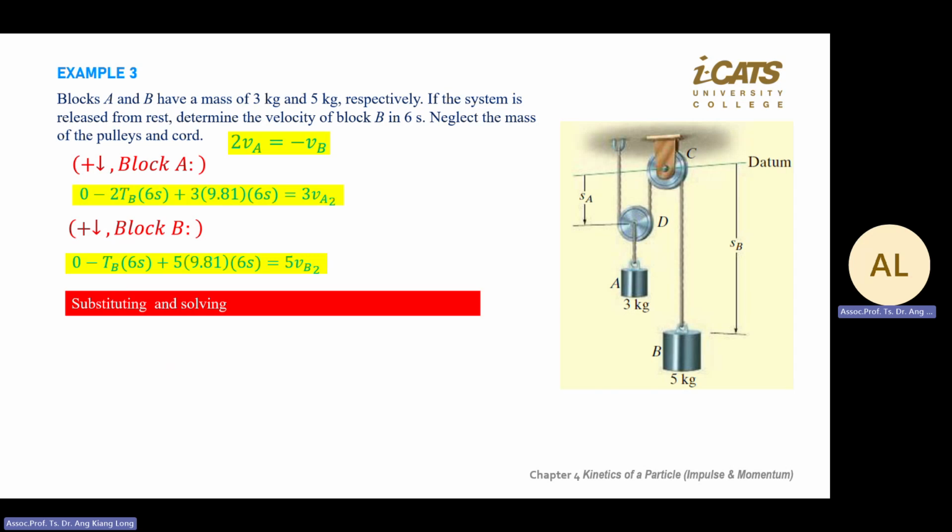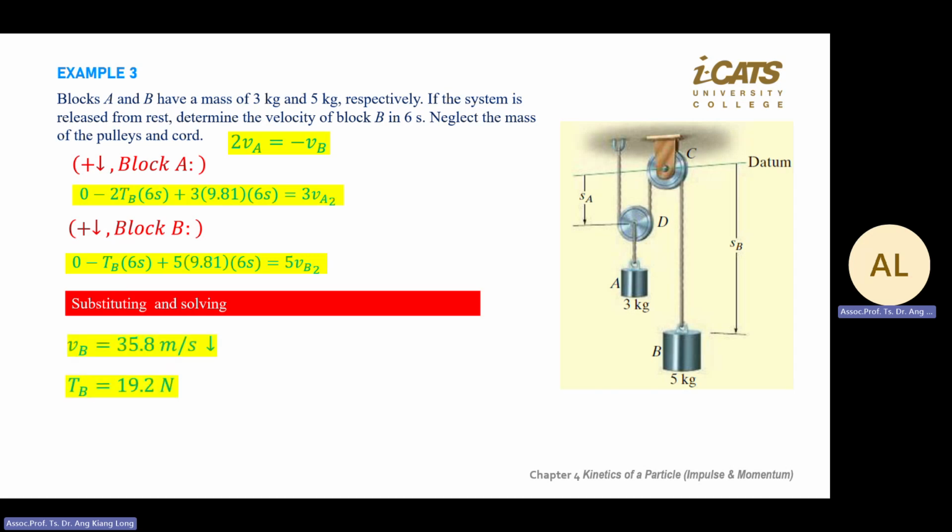This one, you multiply by 2, then minus 2 minus, you get positive. You eliminate. Yeah. Okay. So we are doing subtraction of simultaneous equations. Once you eliminate TB, you arrive at this new equation. Substitute, you solve for VA.